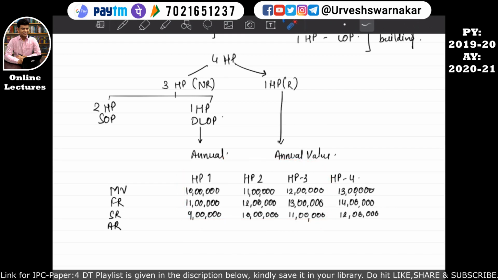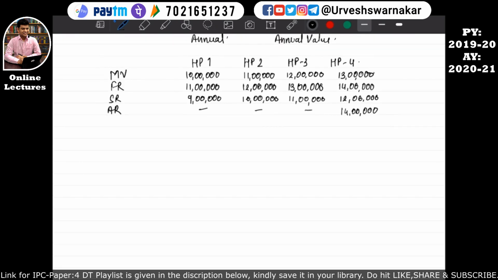Out of these three we have to consider the two with the highest annual value. The actual rent for house property 4 is say rupees 14 lakhs only. How will we ascertain which two house properties have to be considered as SOP? That is what we are going to study.